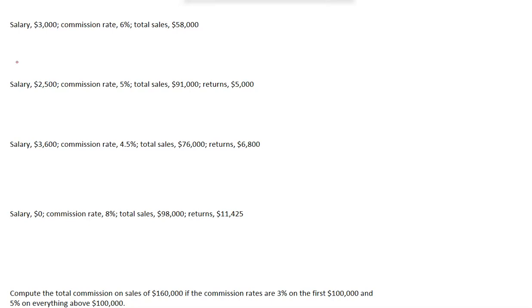So the first thing that you're going to do is to multiply the commission rate by the total sales. And so 6% of $58,000 is $3,480, and that's just in commission.